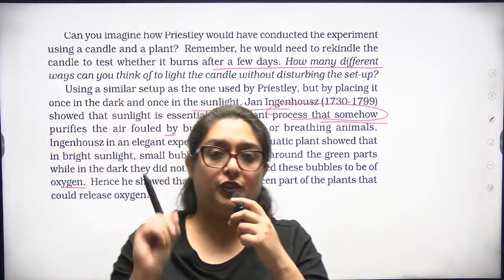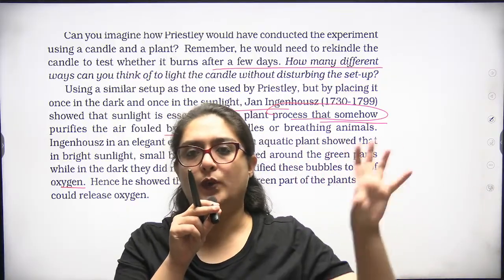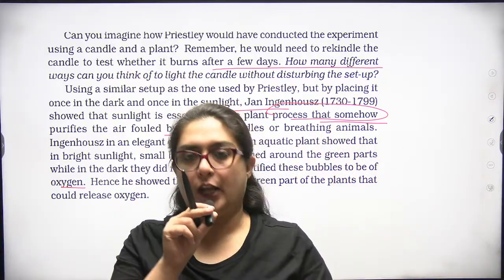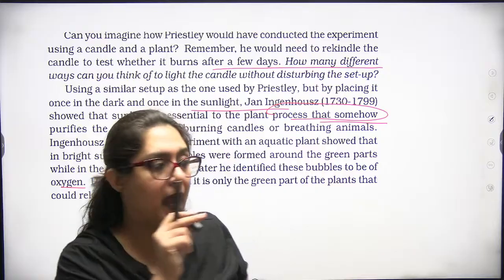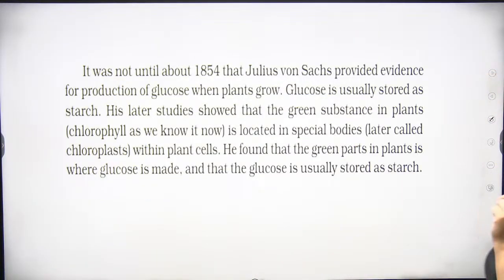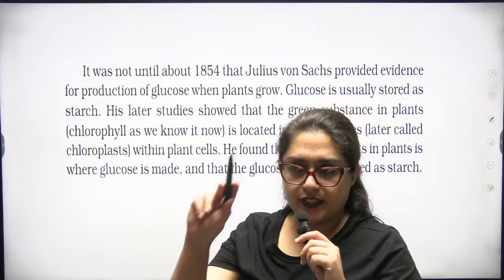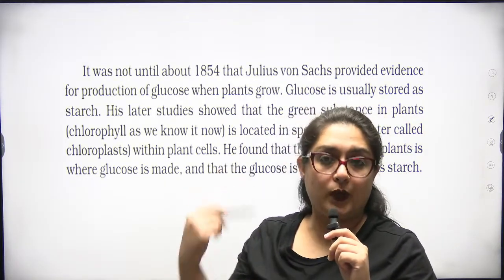Means in photosynthesis, on the substrate side CO2 gas is taken and on the right side oxygen gas is released. But in the case of breathing and exchange of gases, the opposite is there. Oxygen is inhaled and CO2 is exhaled.